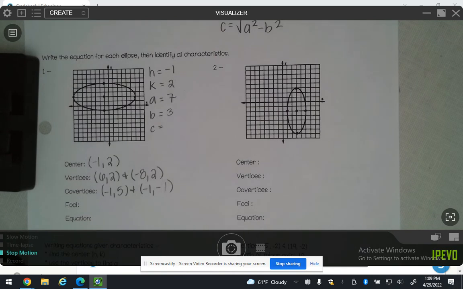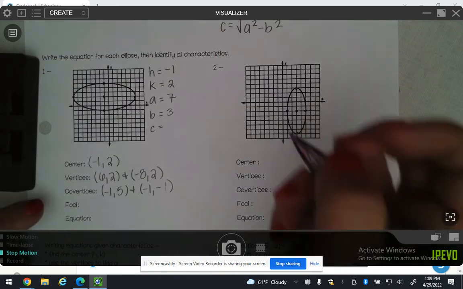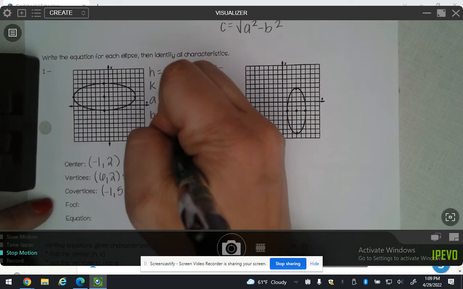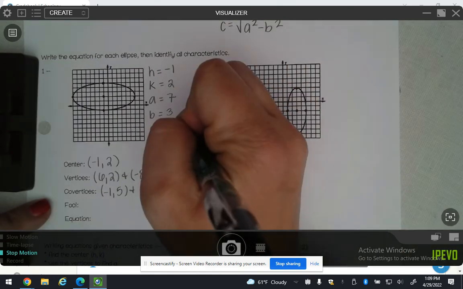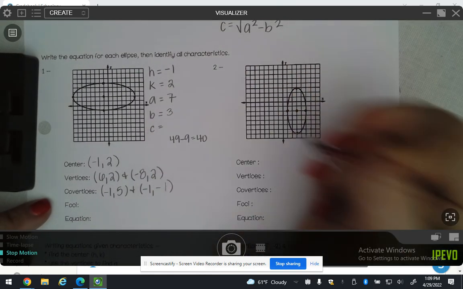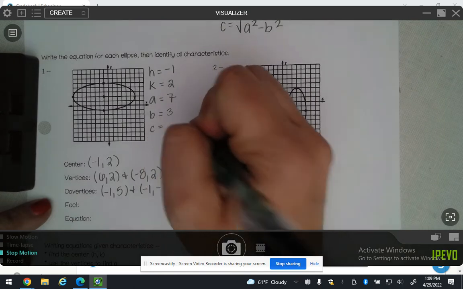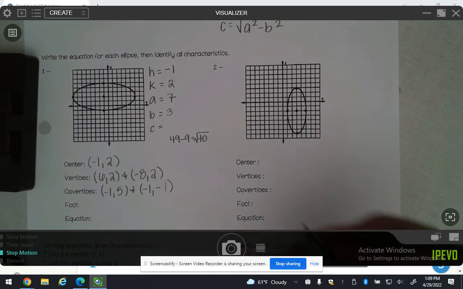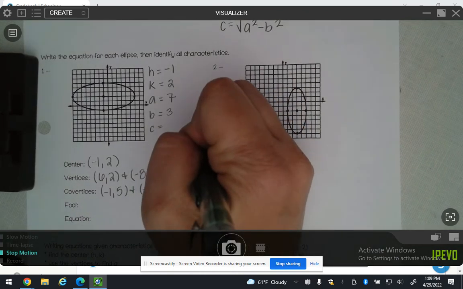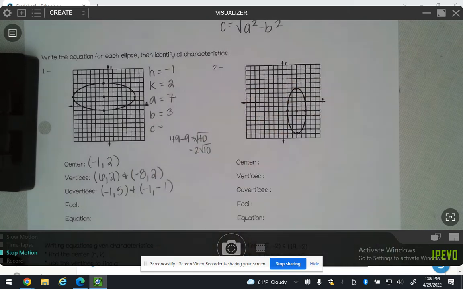A squared minus B squared and take the square root of it, right? So A squared is 49, yes? B squared is 9. 49 minus 9 is 40. So it's the square root of 40. Is that simplified? No, what goes into 40? 4 and 10, right? So this is 2 square roots of 10.